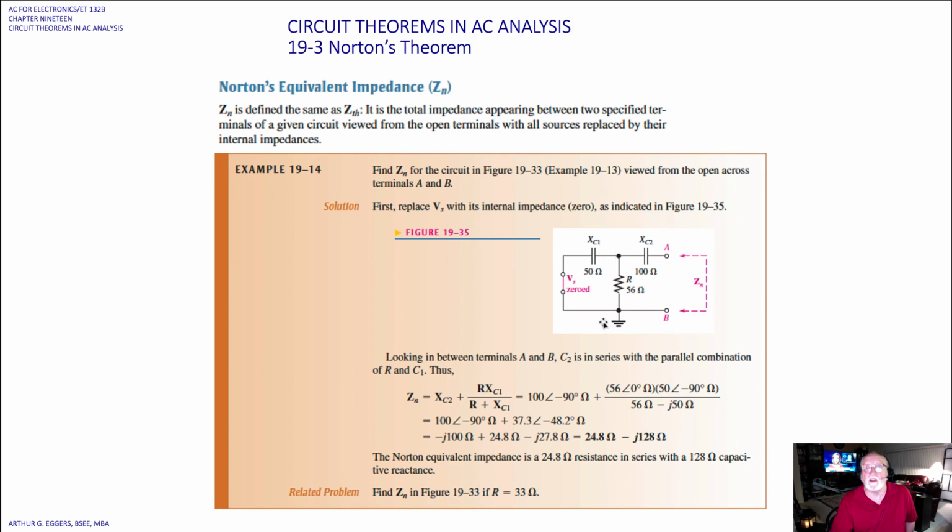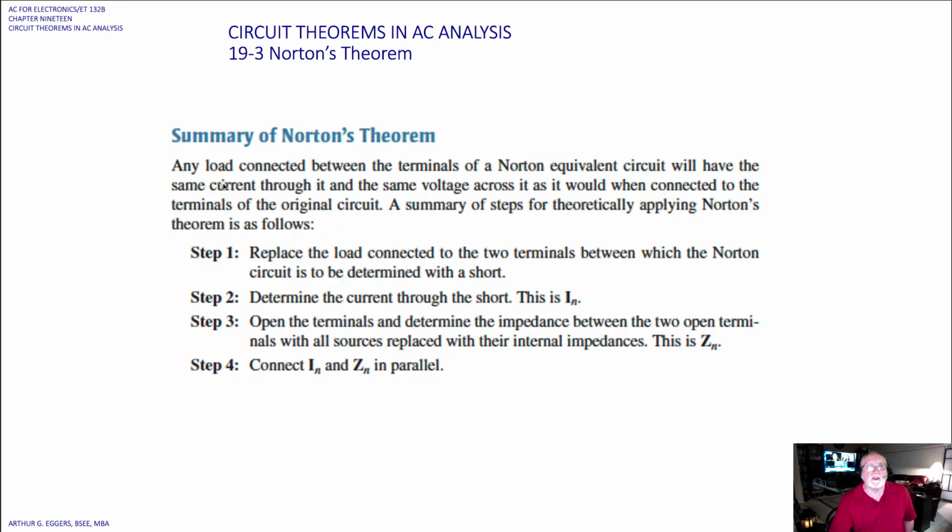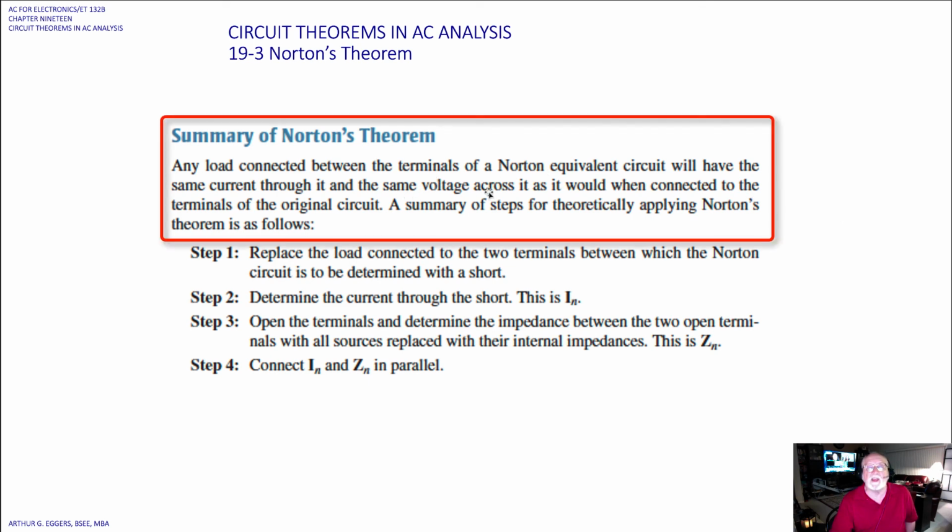So we have taken our two other examples here and are able to convert them into a Norton equivalent here, with all of this being the impedance equivalent, in this case in a Norton diagram. So any load connected between the terminals of a Norton equivalent circuit will have the same current through it and the same voltage across it as it would have been connected to the terminals of the original circuit.